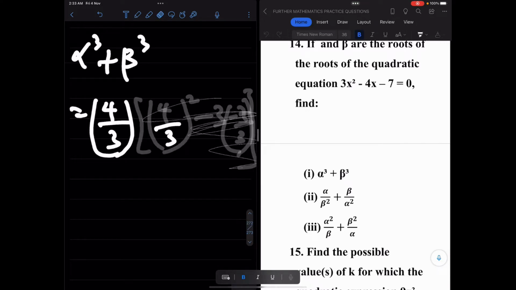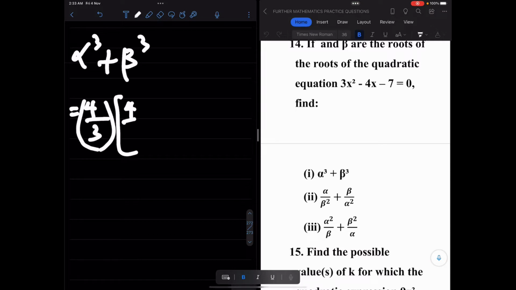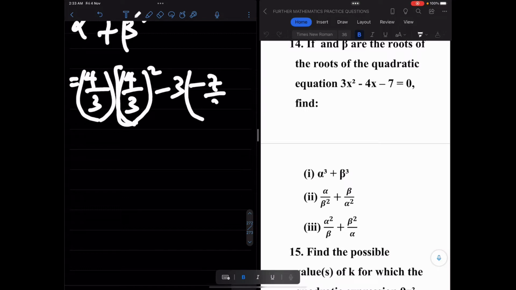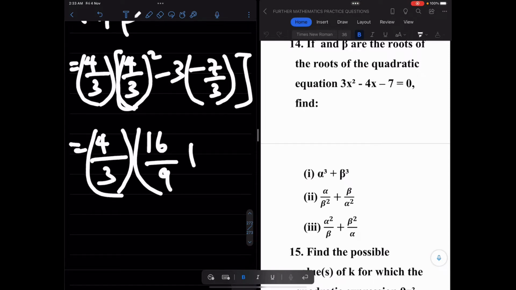Maybe I need to rewrite that so that the space can contain it better. And that's equal to 4 over 3 times 16 over 9 plus 7.